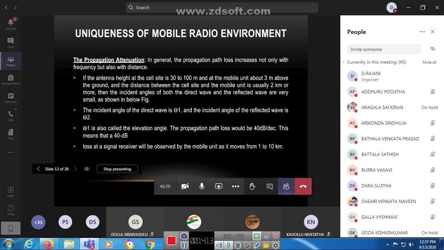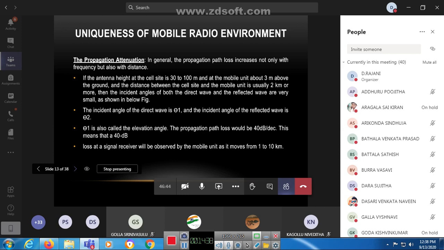There the distances and the signals are maintained together. Suppose we are using 1 kilohertz signals, for 1 kilohertz frequency signals the distance is 1 kilometer.